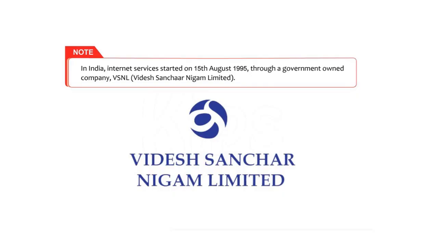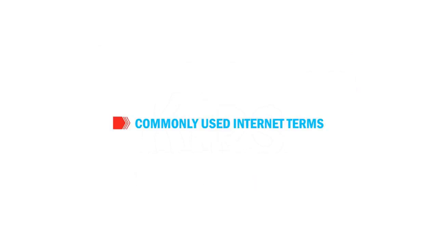Okay, children, I have a note for you. In India, the internet services started on 15th August 1995 through a government owned company VSNL, Videsh Sanchar Nigam Limited.